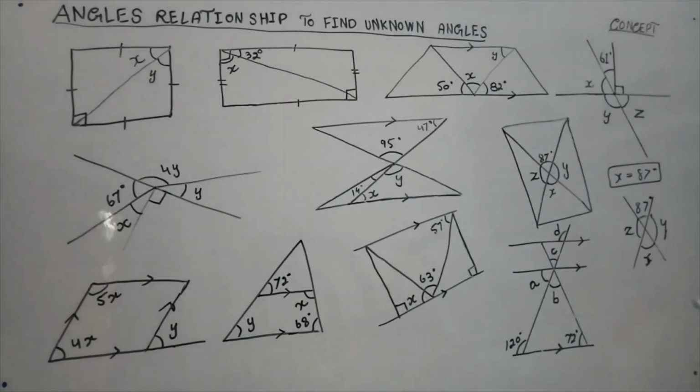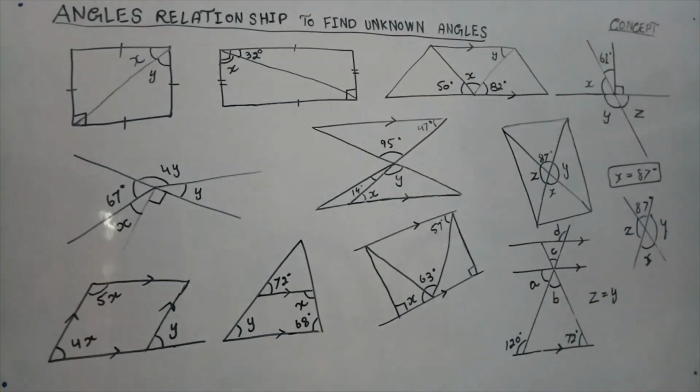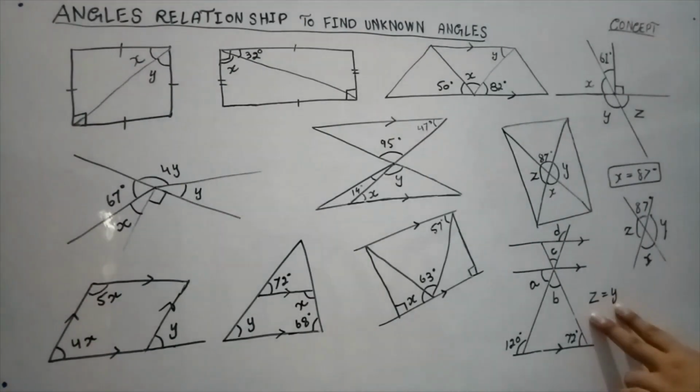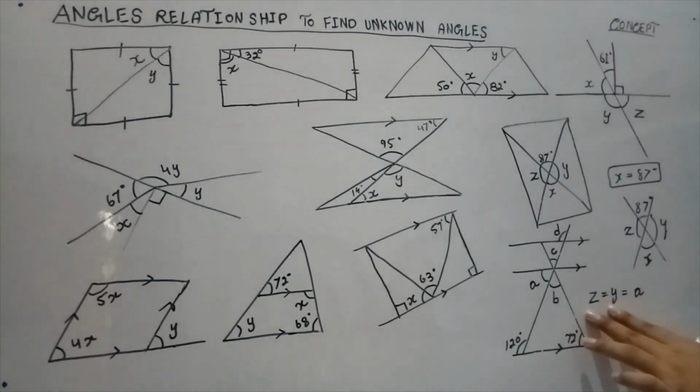I can write z is equal to y, and if I name these two angles a, if z is equal to y and y is equal to a, it means that z and y both are equal to a. I have named a single variable to both of them.